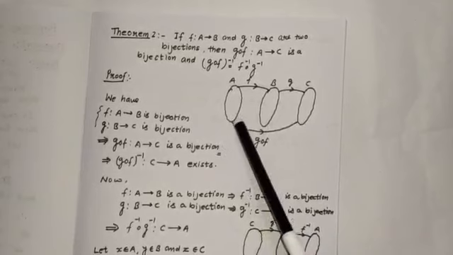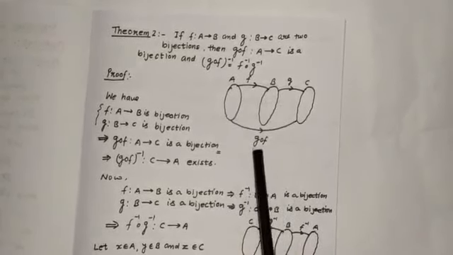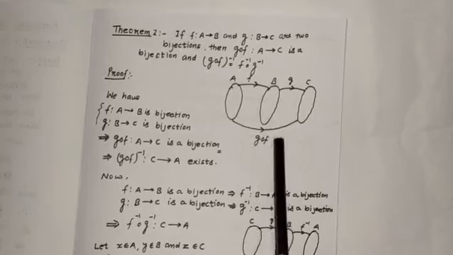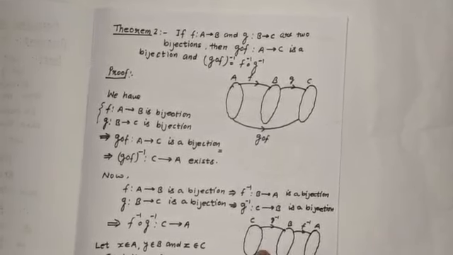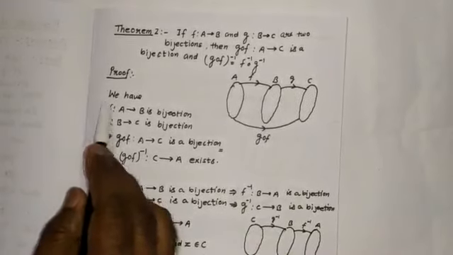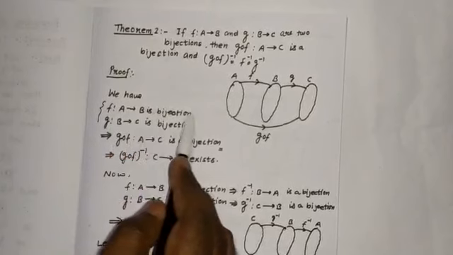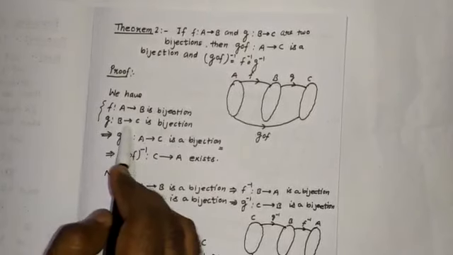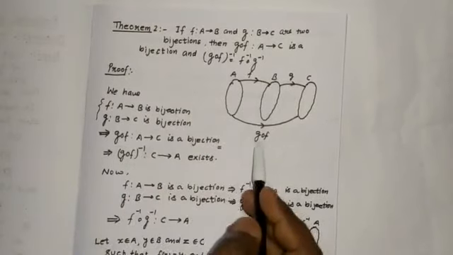Now we will get another function from A to C. This is g of f. This is the composed function of the g function and the f function. Now start proving. We have f mapping from A to B, which is a bijective function, and g is also a bijective function which maps from B to C. Then you will get g of f.